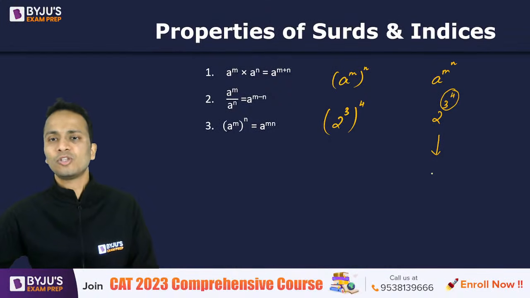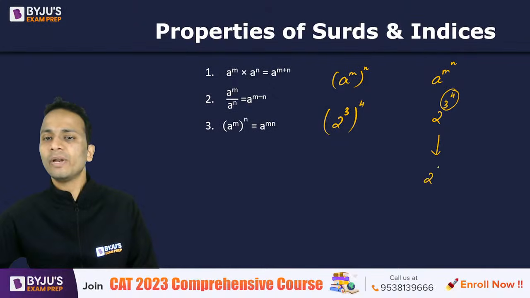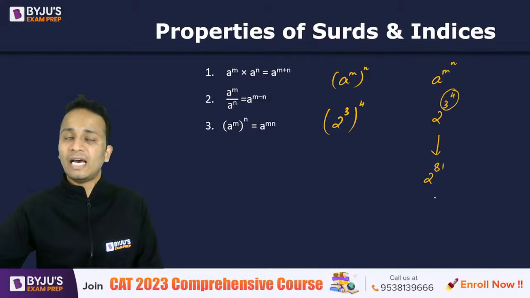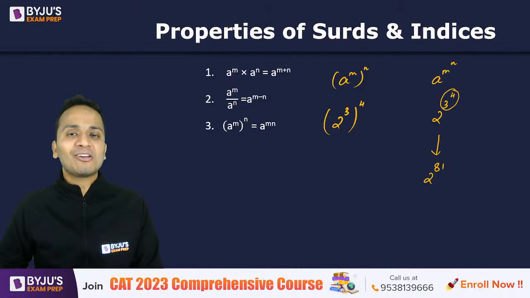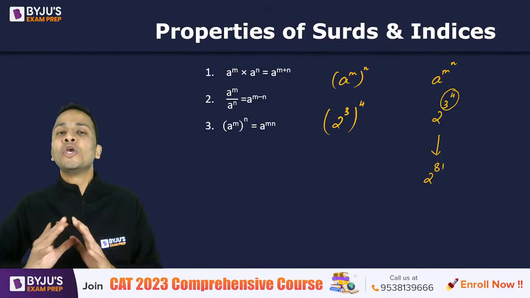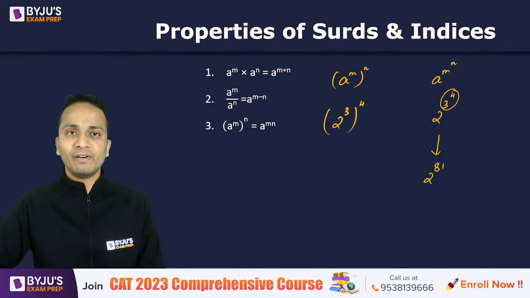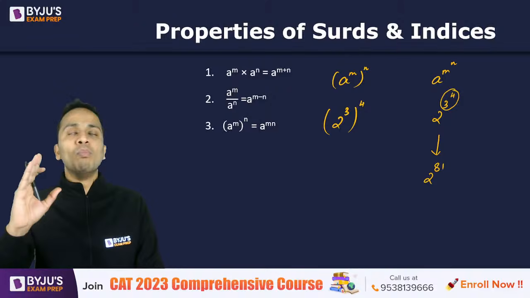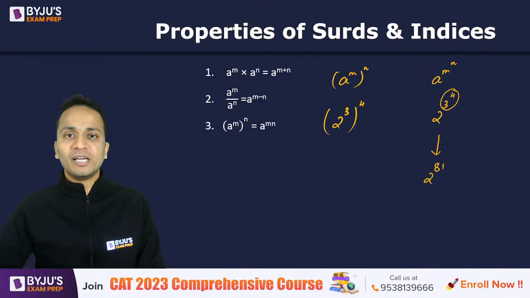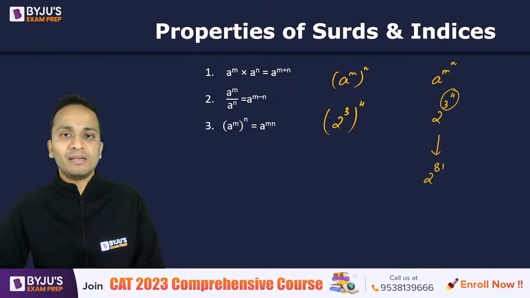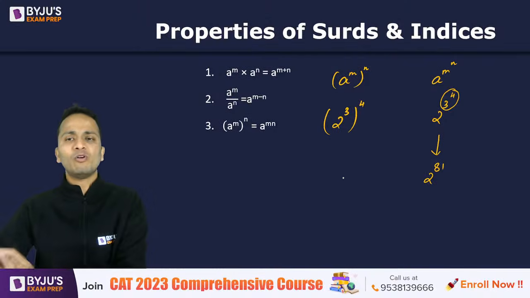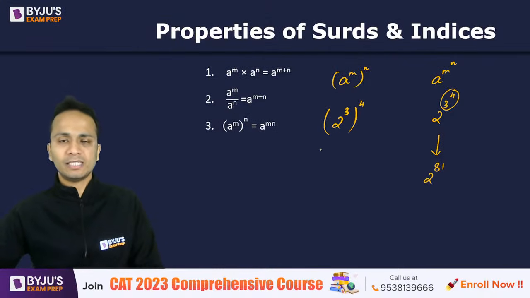So I'll write it as 2 raised to the power 81, and this will be the final result. I'll leave it like this, I cannot calculate 2 raised to the power 81. It will be a huge number, more than a 24 digit number. So this is how we solve the second one.